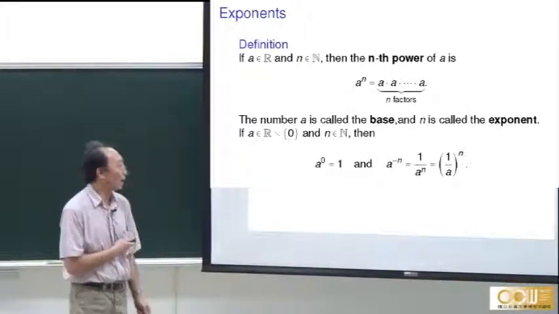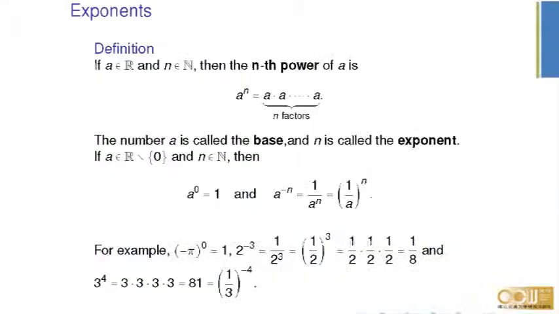Okay, let me show you a few examples. Take a somewhat exotic base number, negative pi, to the power of 0. Whatever the base number is, as long as it's not 0, we get 1. Next example, a negative power: 2 to the power of negative 3.